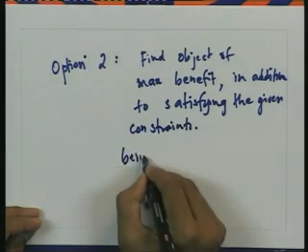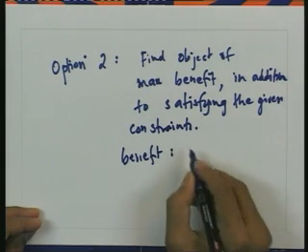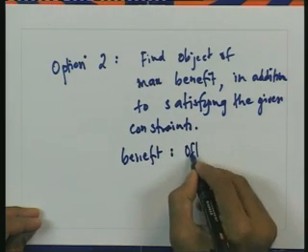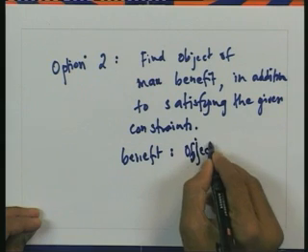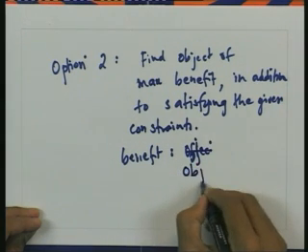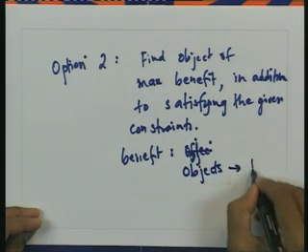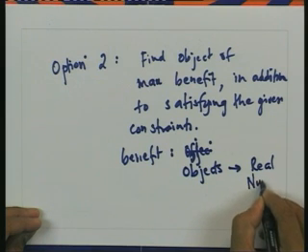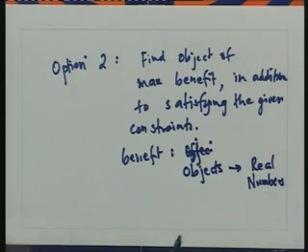Benefit is also a function from the objects to real numbers. You may note immediately that these are not really two distinct formulations, but we can set benefit equal to the negative of the cost, and then maximizing the benefit is the same as minimizing the cost.